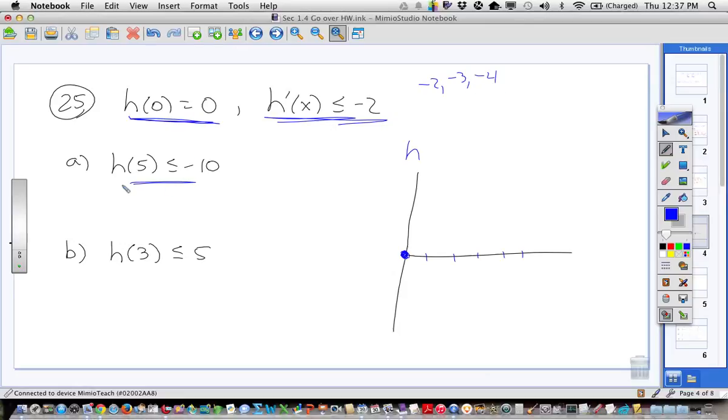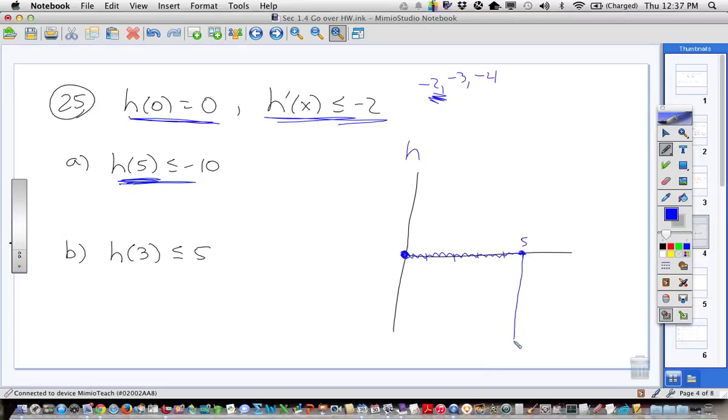All right, so now here we go to this. So now they want us to say h of 5. Well, that means if you go over 5, so let's think slope. What happens if I go over 5 and my slope has to be at least this steep? If you go over 5 and you have a -2 slope, where are you going?